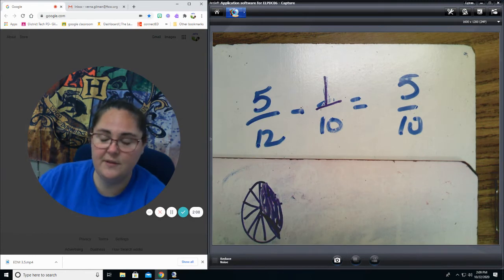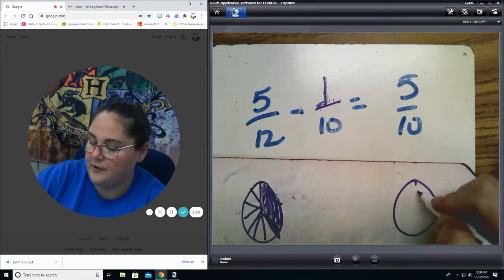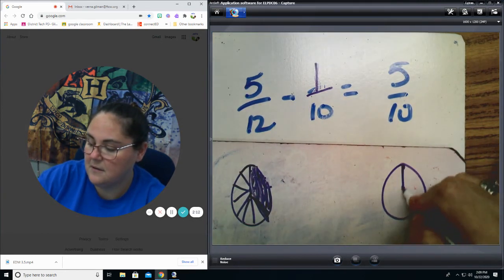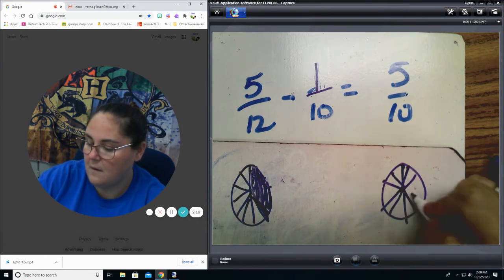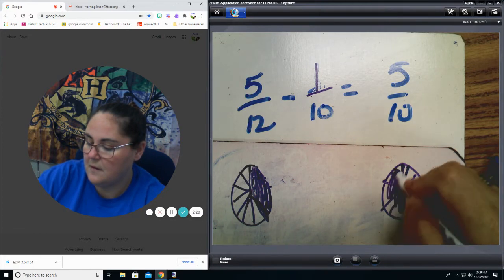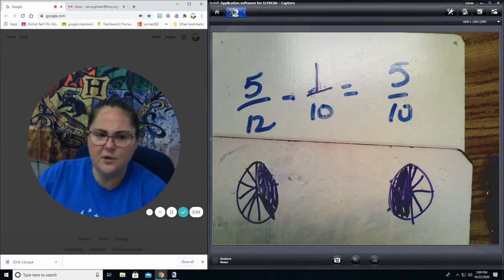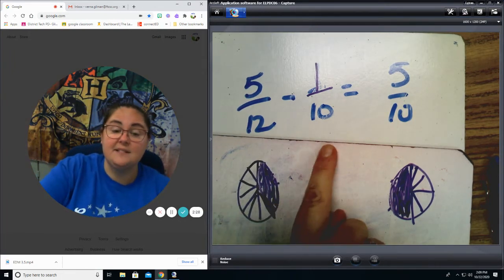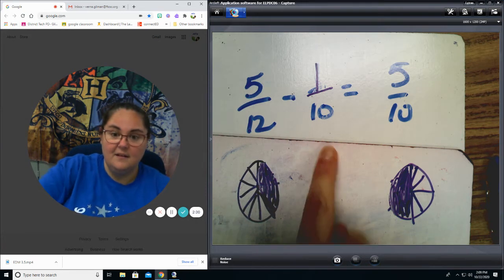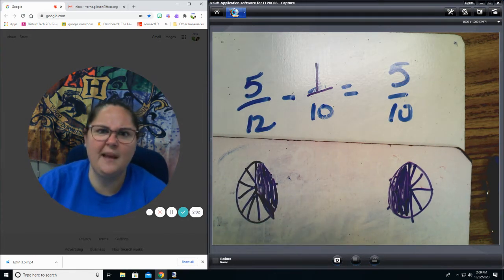Okay, I know I can do that one. And then over here, I'm going to do 5/10. 1, 2, 3, 4, 5. By the way, 5/10 is half. So if I start with this and I subtract something, does it make sense that my answer would be that?